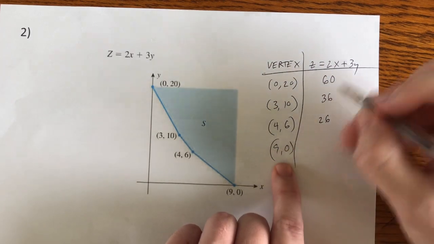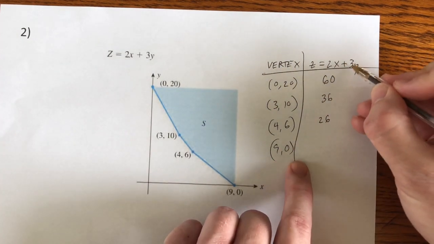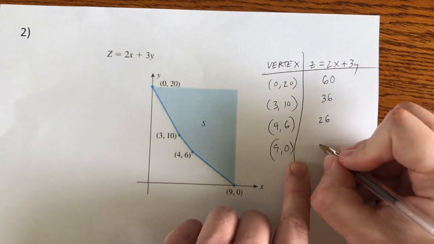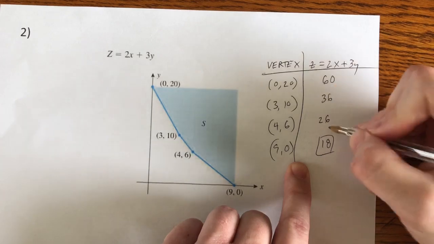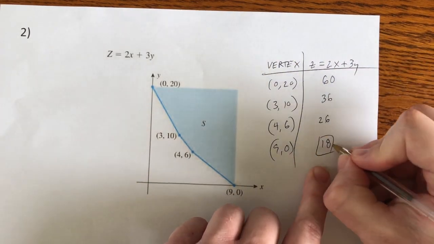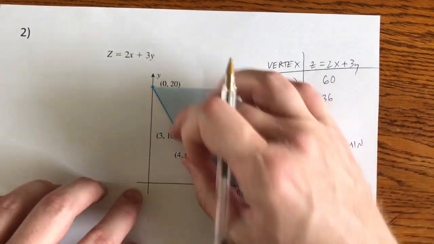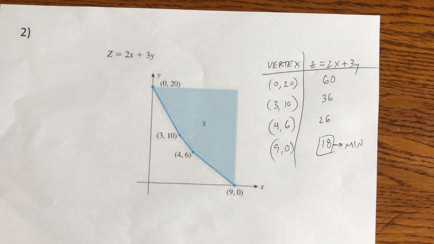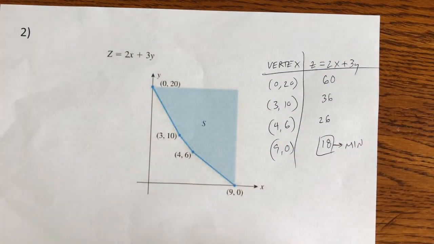And the final one: 2 times 9 is 18, plus 3 times 0, that's 0. So this is going to be 18. So 18 is the smallest outcome here in our objective column. Therefore, this is the minimum, and we're finished there. Because this is unbounded, you will not have a maximum.